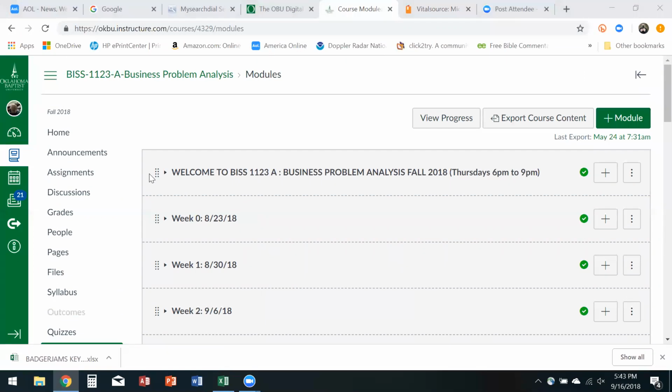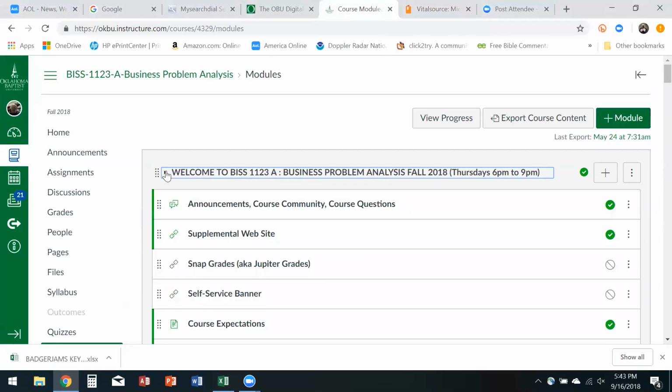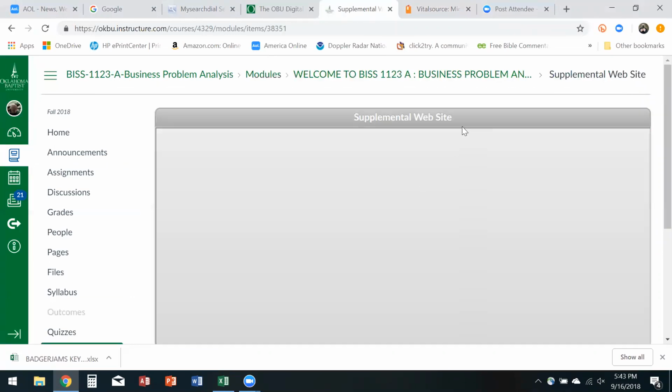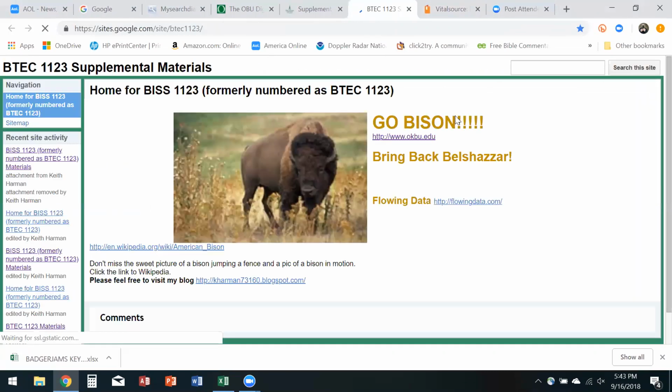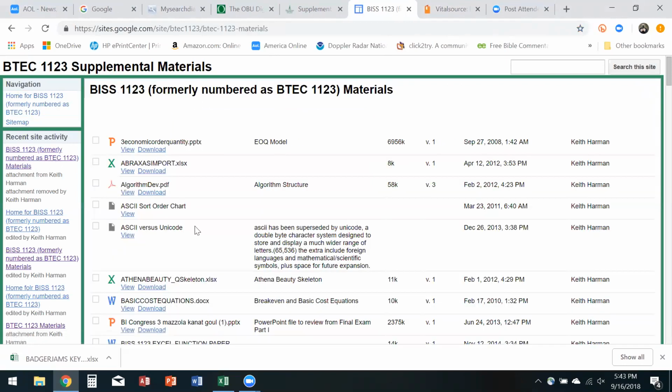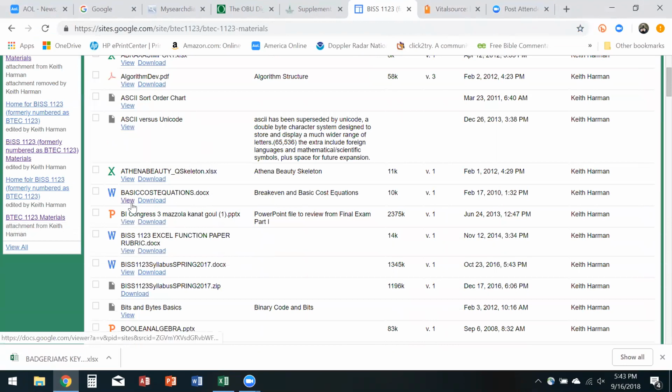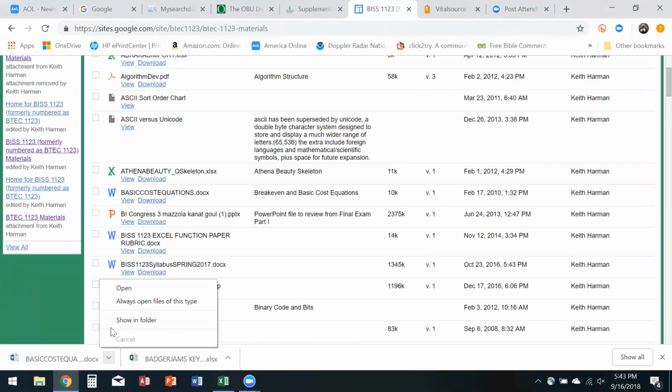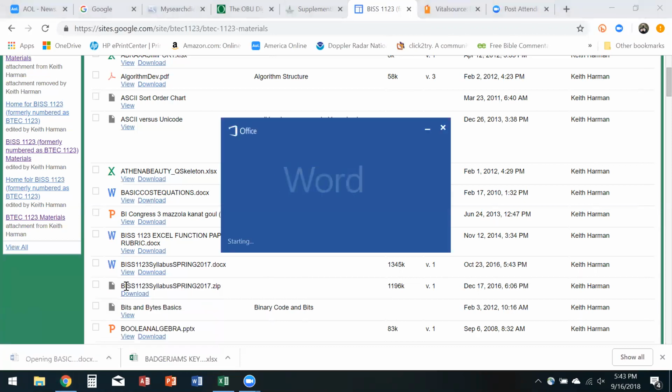Just scroll up here. There it is. And when you come over here, you're going to find the basic cost equations. This is really the most helpful thing. And so I'm going to download that. I'm going to open it up and let you see what it is. And here they are.